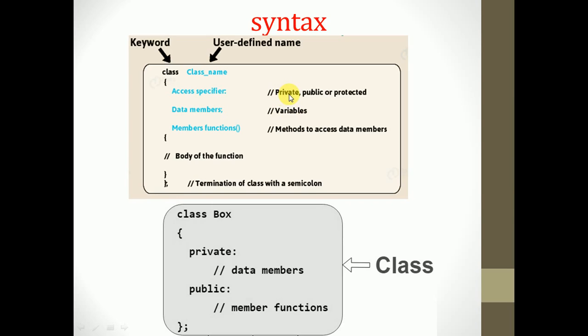It can be in public, but we normally use our variables under private. What do I mean by variables? Maybe the data int a equals 10, int b, float c. All these are called variables. So that will be under the access specifier private.